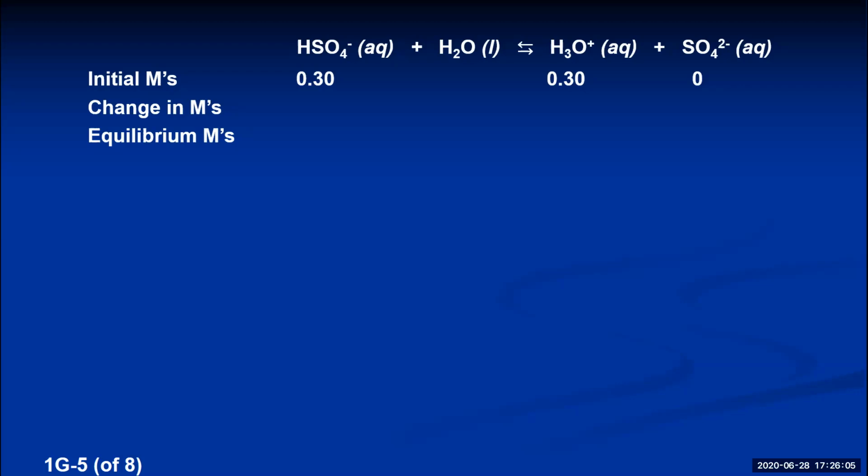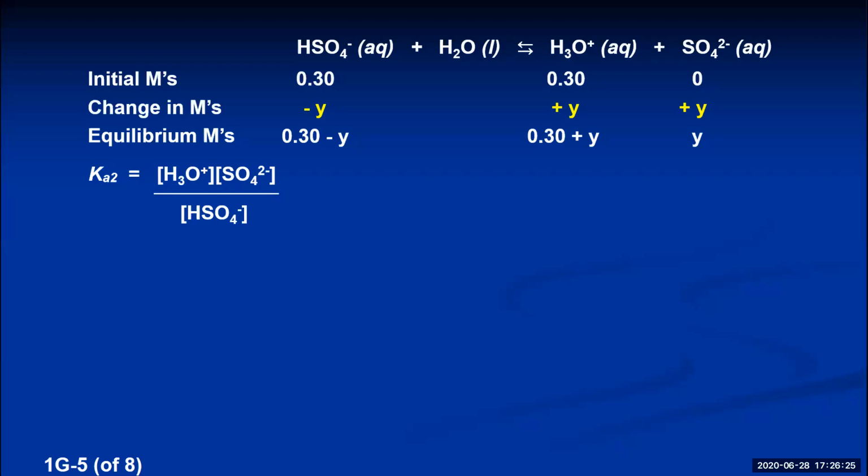So because this is not a strong acid, an unknown amount of it will react away. I'll call it Y. It will form Y hydroniums and Y sulfates. The equilibrium molarities are 0.30 minus Y, 0.30 plus Y, and Y. The equilibrium constant expression for this will equal the Ka2 for sulfuric acid.